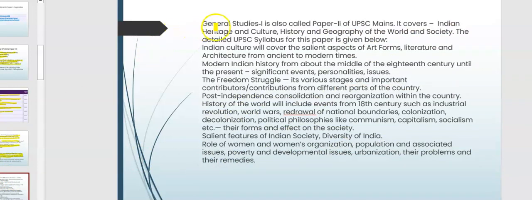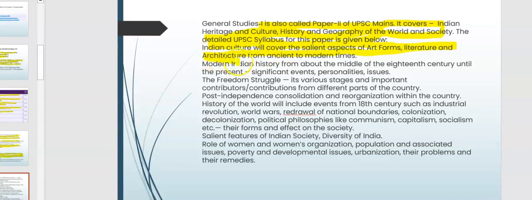General Studies 1, also called Paper 2 of UPSC mains, covers Indian heritage and culture, history and geography of the world and society. The detailed UPSC syllabus for this paper is given below. Indian culture will cover the salient aspects of art forms, literature and architecture from ancient to modern times.